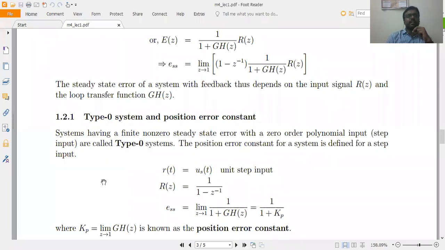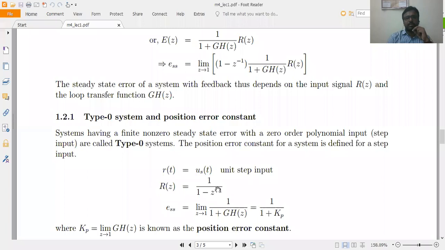Once again, the type 0 systems are the systems which take the step function as an input. As per the definition, the systems having a finite non-zero steady state error with a zero order polynomial input are called type 0 systems. Therefore, the input function R of t is the step function, and applying the Z transform, R of z is equal to 1 divided by 1 minus z inverse.